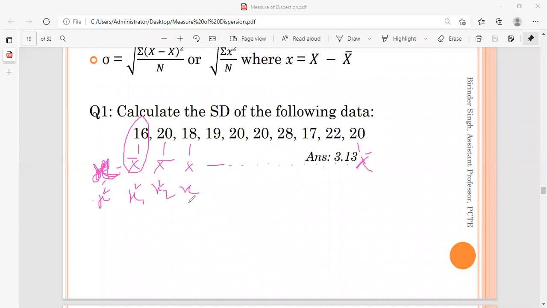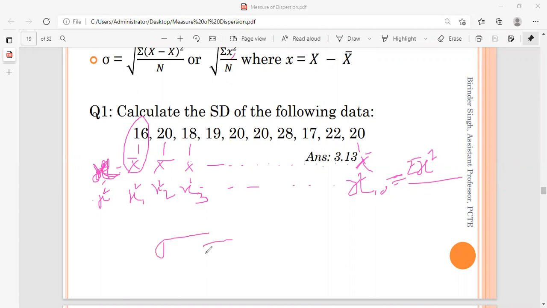This time I am not specific about the exact values, just making use of the symbols. When we add all these squared deviations, that will be sigma x squared.